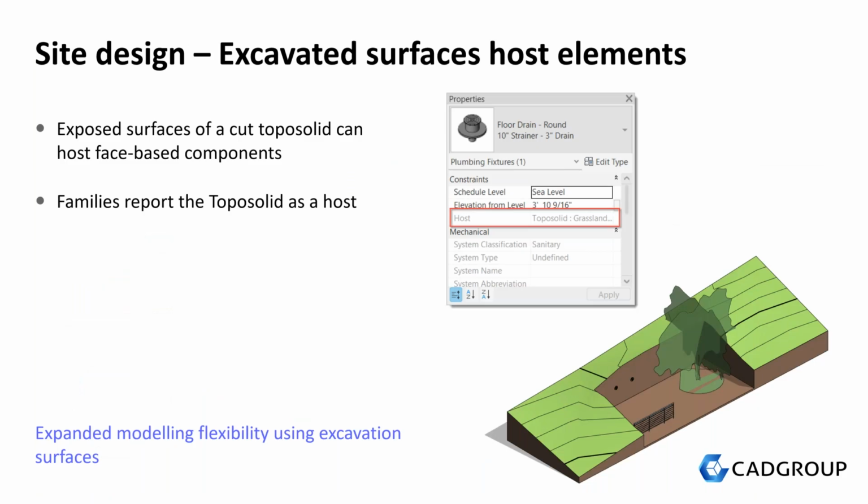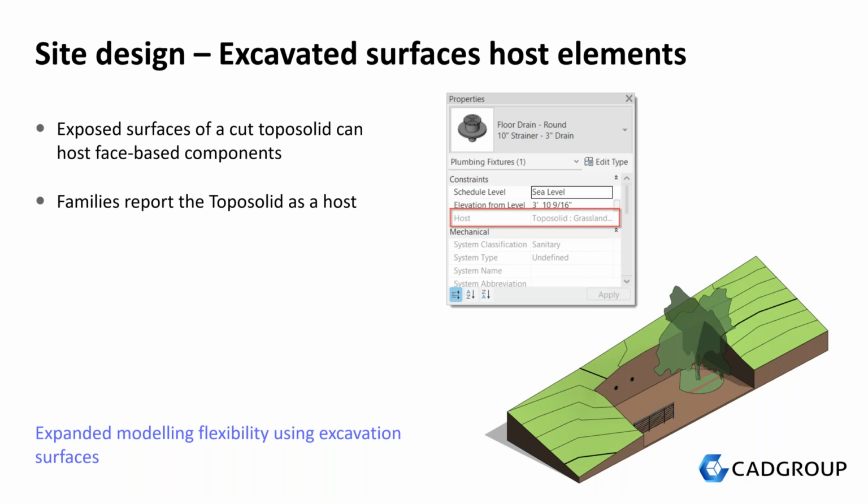So excavated surfaces host elements. In previous versions, face-based families couldn't recognize faces created from Boolean operations. In Revit 2025, exposed surfaces of a cut toposolid can now host other elements. Site components will recognize the exposed face as a toposolid.